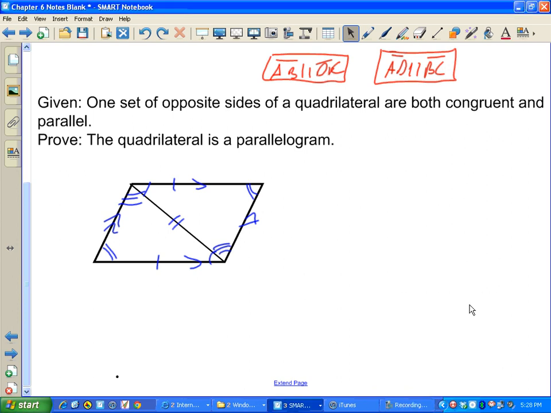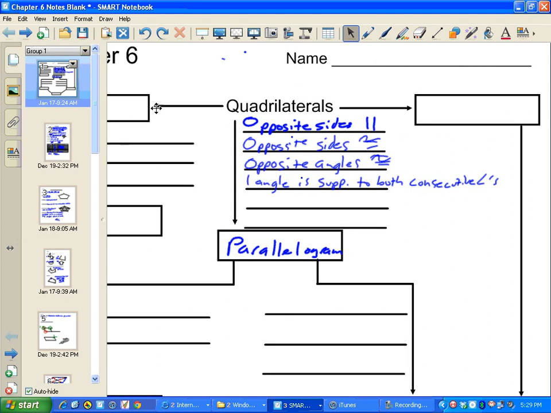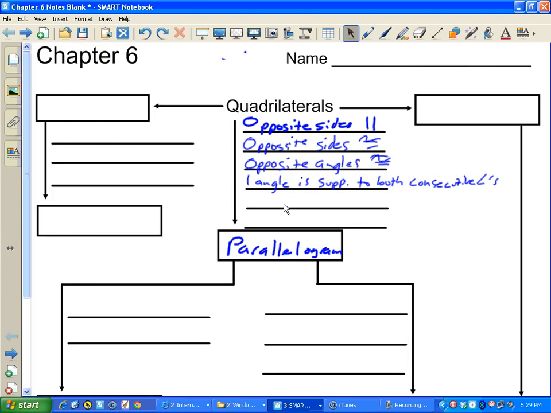So we can fill in that last line now by saying that if we have one set of opposite sides that are both congruent and parallel, that's enough to go from a quadrilateral to a parallelogram. The one that we had before this was if the diagonals bisect each other.